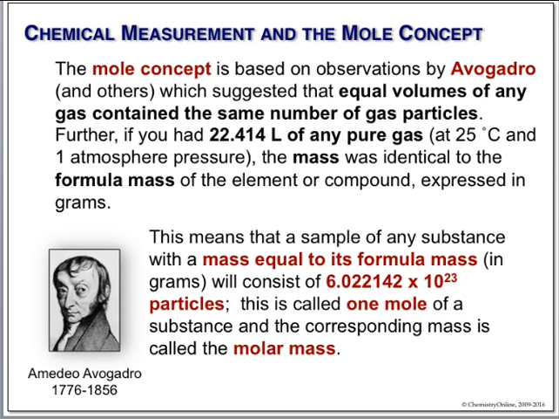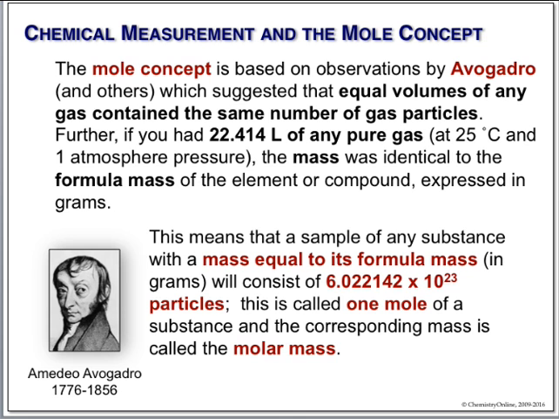Now, this means that if you have a pure substance and you simply add up its formula mass, now the formula mass is based on the number of atoms, different types of atoms, and their average atomic weight from the periodic table. You add all this up, you get a formula mass. If you have, let's say, the isotope carbon 12, and you have exactly 12 grams, that will contain 6.02 times 10 to the 23rd carbon atoms.